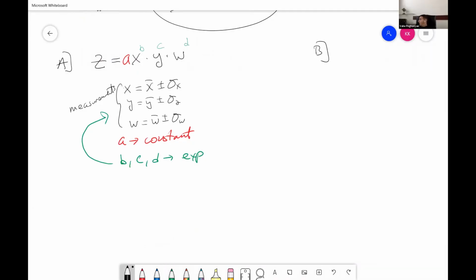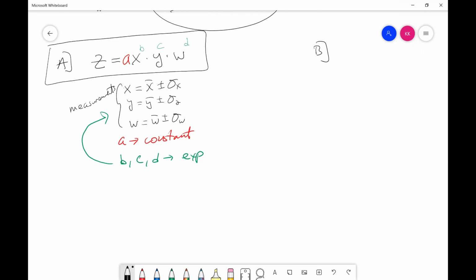Then if you have an equation that has this format, you have a template equation to calculate the uncertainty of the quantity Z that you're deriving.